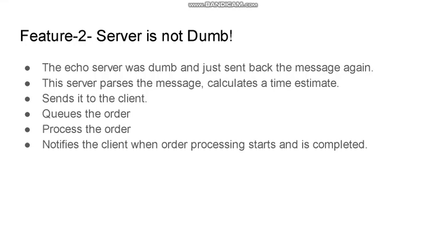This time is sent back to the client. Also, the order is queued into a queue on the server side, and then these orders that are placed in the queue are processed one by one. Also, when the order starts processing and gets completed, the client is notified through messages.